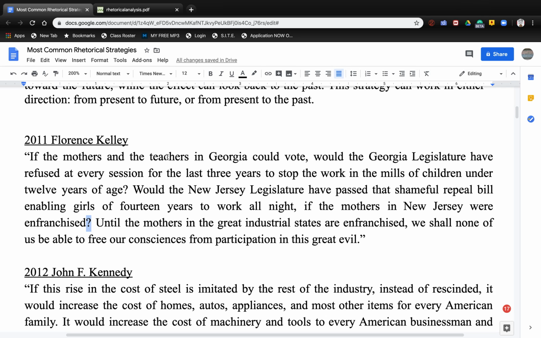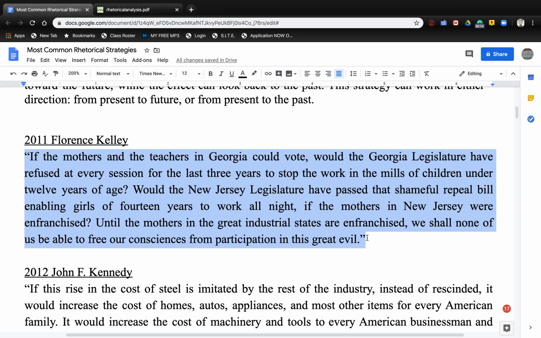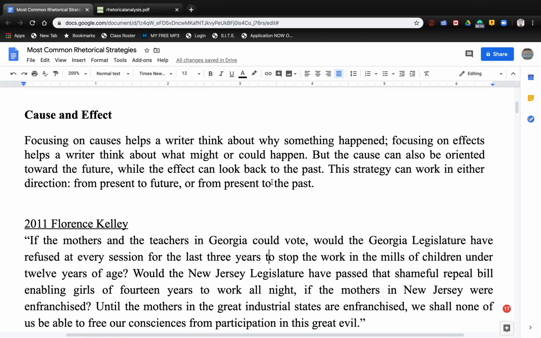You may also call it a problem solution. The two may be interchangeable here, but the point still stands, which is, in this paragraph, the writer is creating a strategy wherein she is creating precedent for the idea that if the mothers could vote, then child labor would stop. So this is an example of a cause and effect.